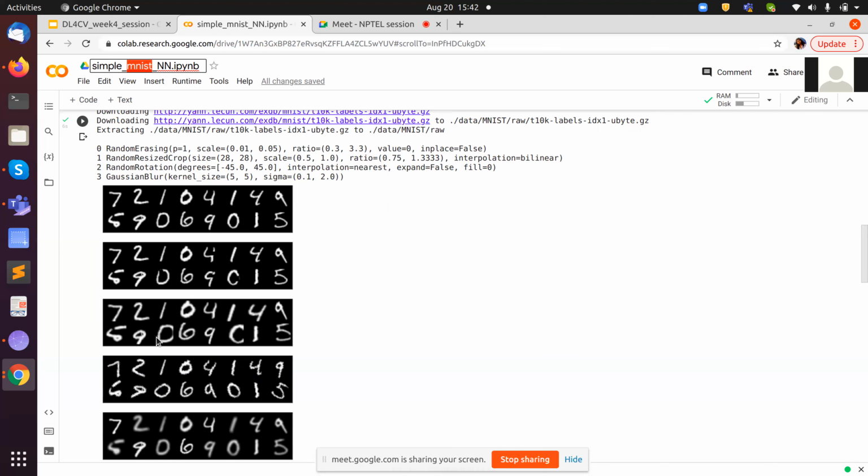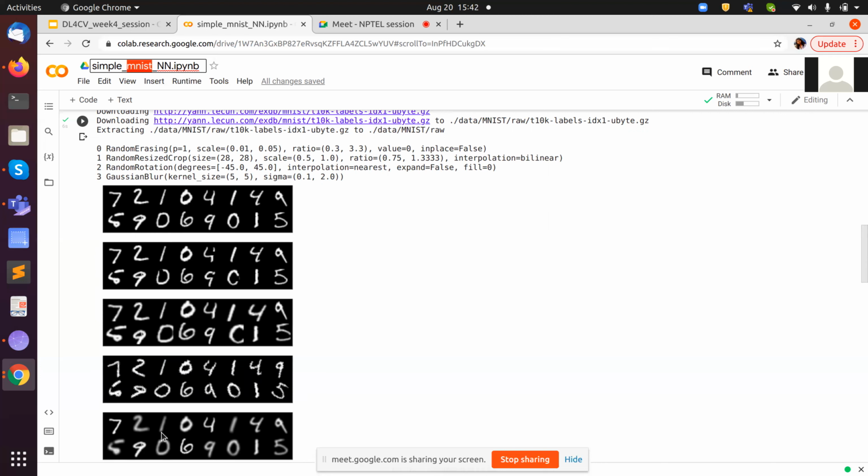Similarly, the next can be, we can resize it. So this is another image in which the 0 has been enlarged. The size of the 0 has been increased. The other augmentation can be here, in which the 0 has been rotated. So here 0 was aligned with the y-axis, but now the 0 has been rotated and is making a certain angle with the x-axis, right?